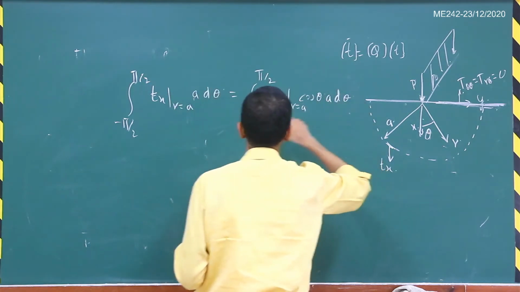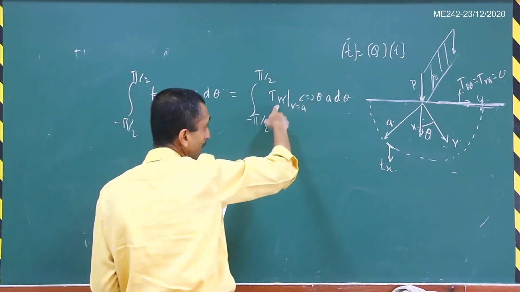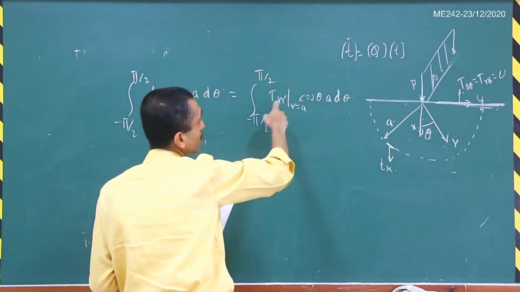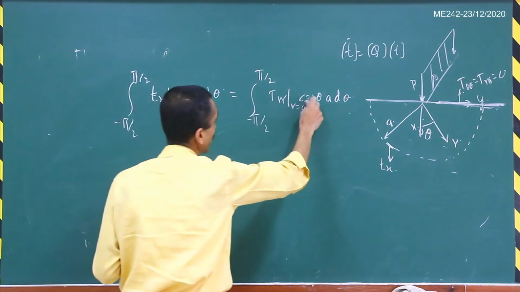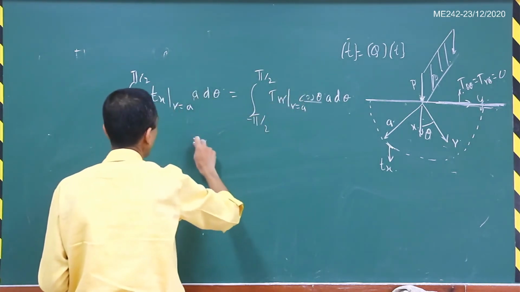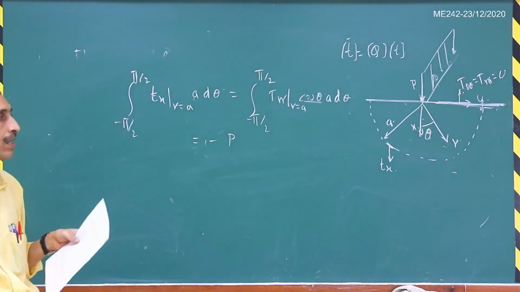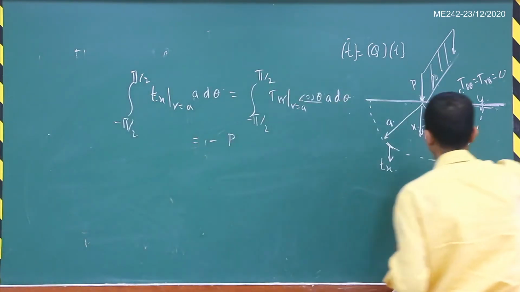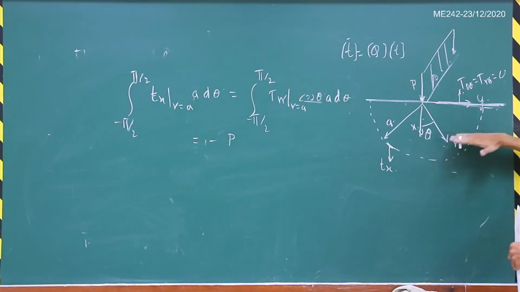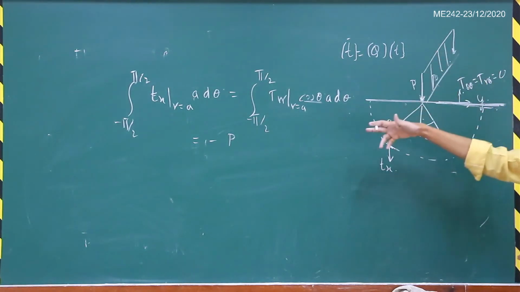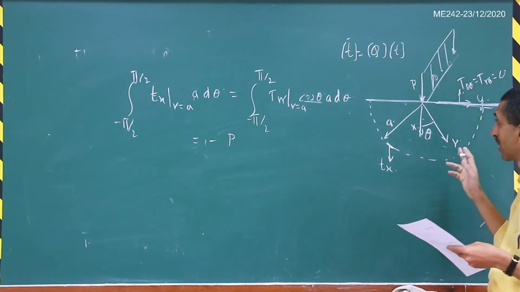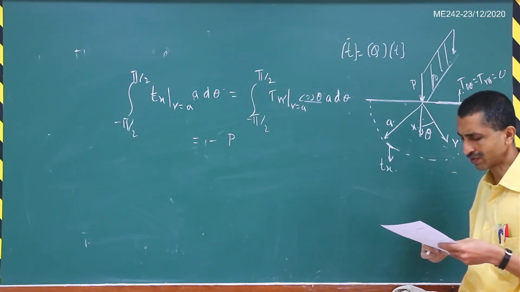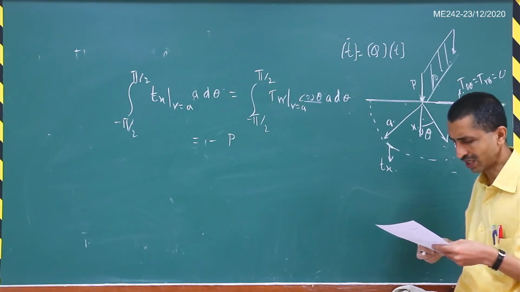When you express Tx in terms of Tr, and Tr is just tau r, you get this expression. Basically it is Tr times cos theta. Now if you carry out the integration, you will see that this is equal to minus t. So the vertical load acting on this surface is balancing the load here, which is equal to minus t. That shows that the solution is an exact solution for this point load. This is the Flamant solution, as we said.